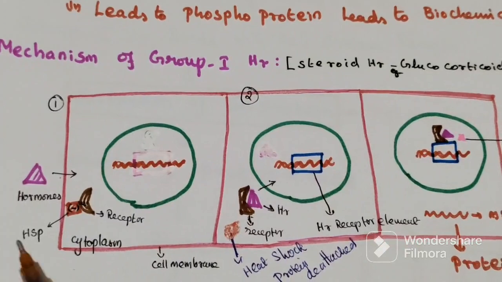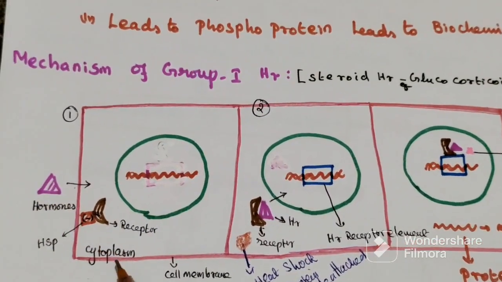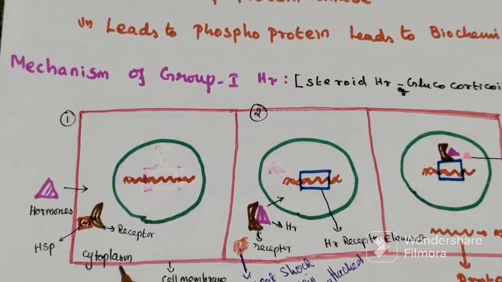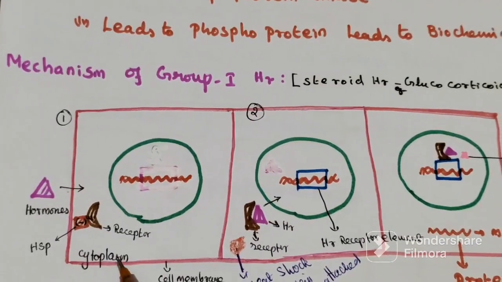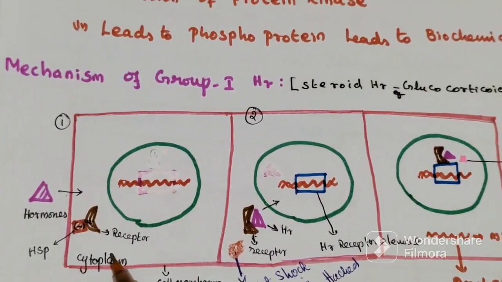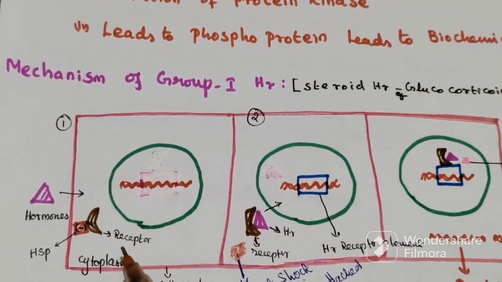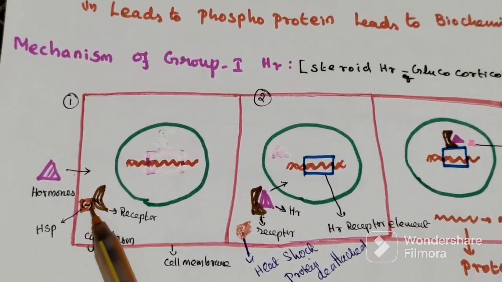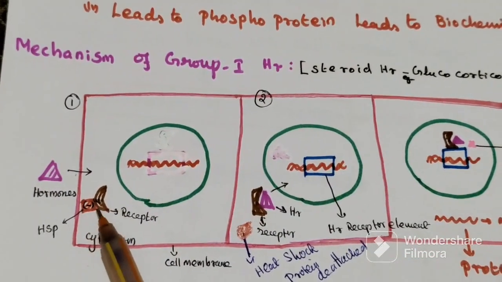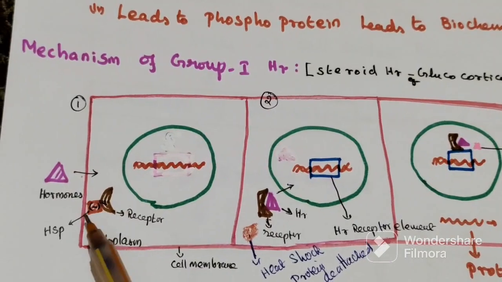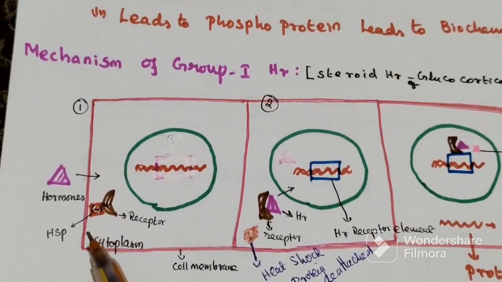It enters the cytoplasm. Here the receptor is present, and the receptor is attached with heat shock protein.